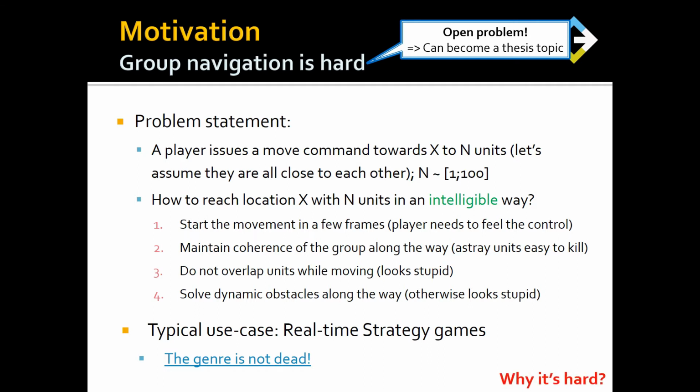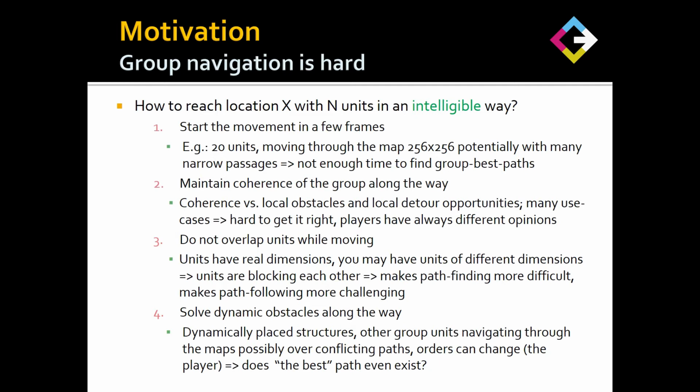Finally, let's pronounce why those requirements are hard to meet. First, starting the movement in a few frames is hard if you have 100 units, a large map with many narrow passages, and only a few frames to decide which way to start moving. Then, coherence of the group goes against avoiding local obstacles on the path, or taking local detours. Many use cases are associated with that, and players typically have different opinions on what is right.